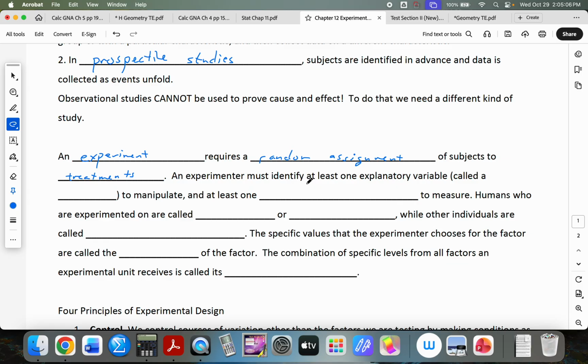An experimenter must first identify one explanatory variable called a factor to manipulate, and at least one response variable to measure.